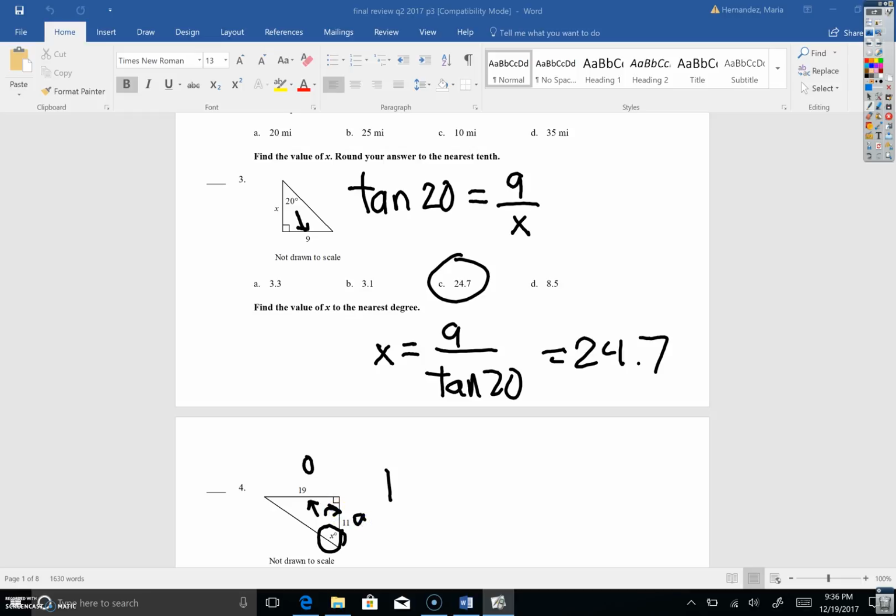So O and A gives us TOA, tangent. But we always use the inverse. So tangent -1 is equal to opposite over adjacent. If you do that, I think you get about 60 degrees. It's 59.9, so probably 60 degrees.